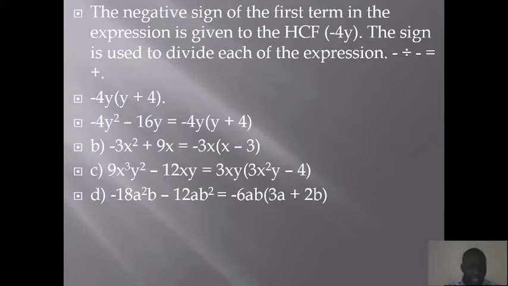So you put x inside the bracket first. So the positive sign assigned to 9x, plus divided by the minus of the HCF, you will have a negative sign. So you put a negative sign, then the final result for 9x will give you 3. So that is how we got minus 3x open bracket x minus 3.